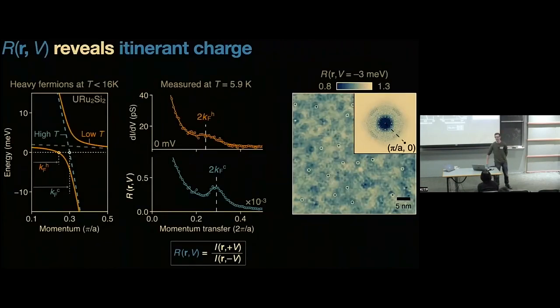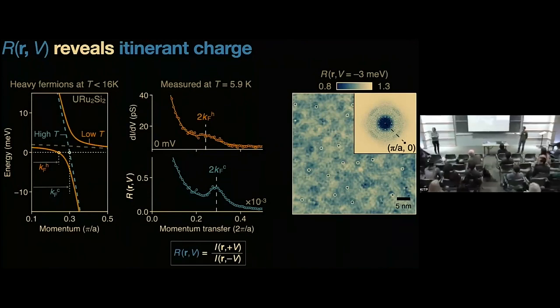So what you're measuring is at a voltage of 3 millielectron volts, which I translate to 30 Kelvin. And at the same time, you say that heavy fermion physics only appears below 16 Kelvin. So isn't it automatic that you would always measure only light particles, or is there a catch in the way that I'm thinking?